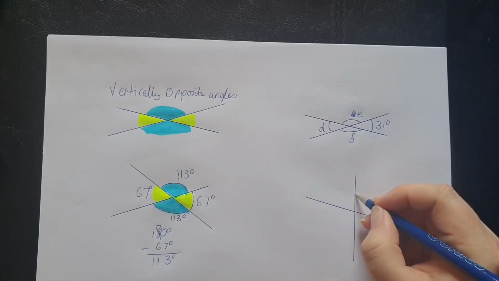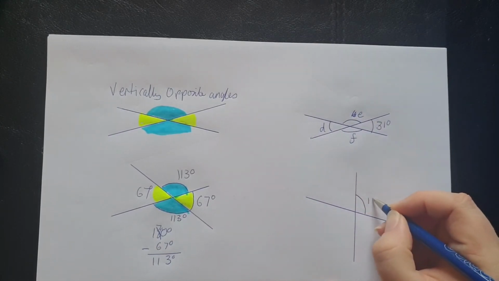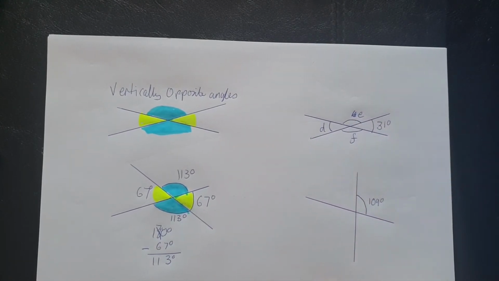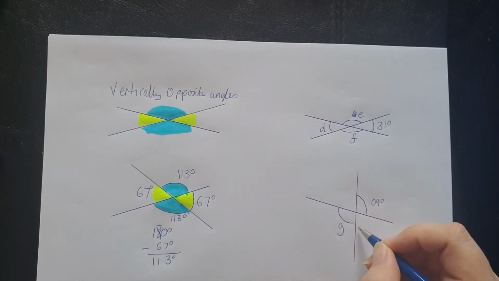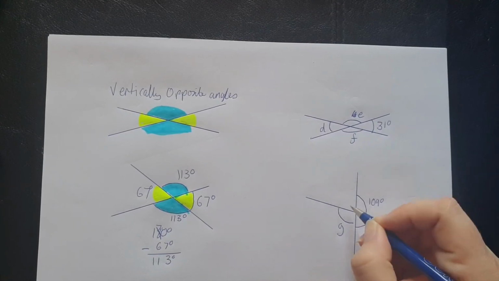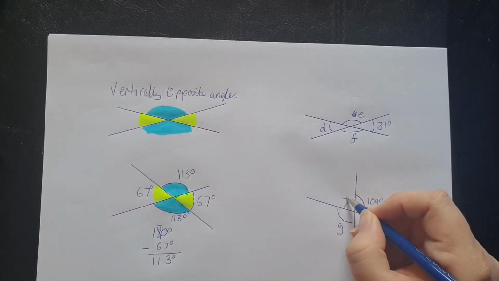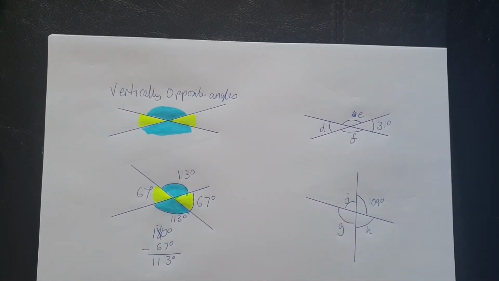I am telling you that this angle here is 109 degrees. So find angle G, find angle H, and find angle J. As always, pause the video and then check back to see what your answers are.